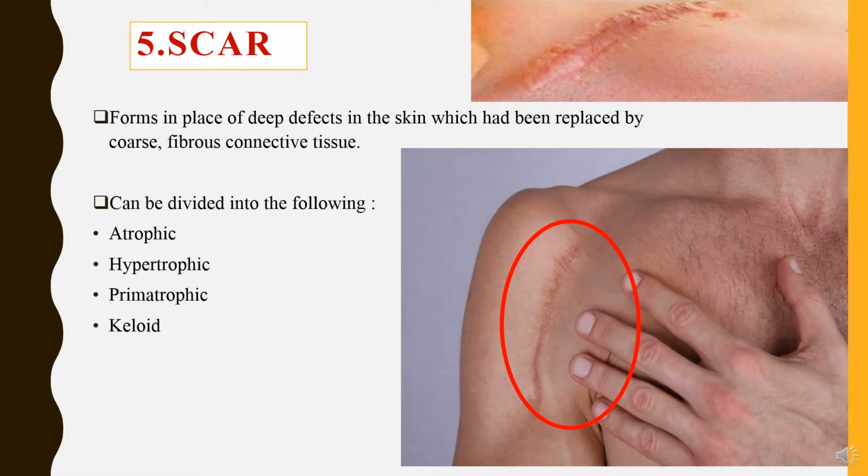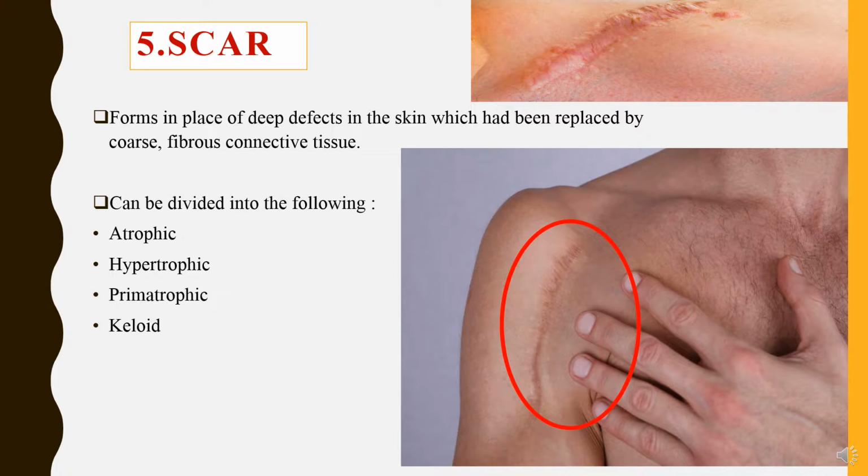The next secondary morphological lesion of the skin is called scar. It is formed in the place of deep skin defects which have been replaced by coarse fibrous connective tissue, collagen fibers. Cicatricial tissue contains no hair, sebaceous or sweat glands, vessels, or elastic fibers.